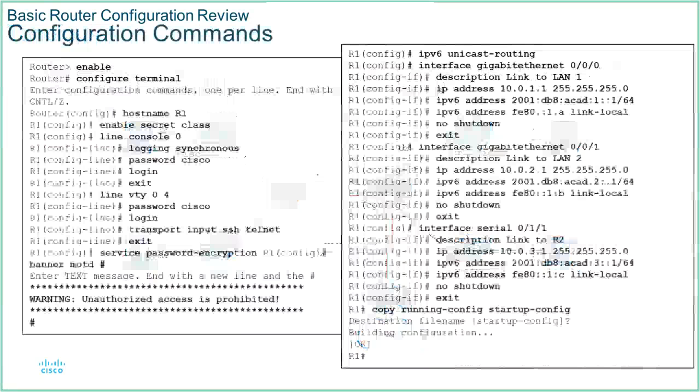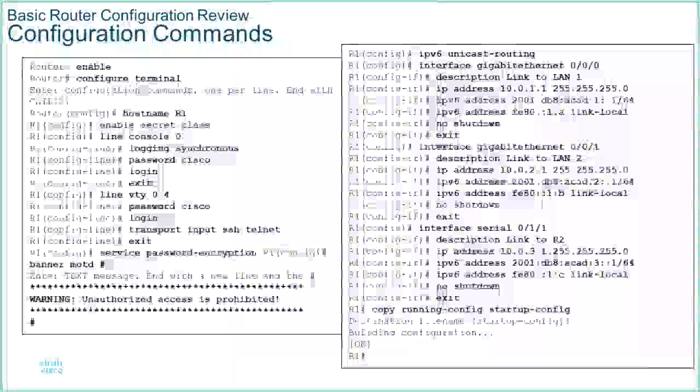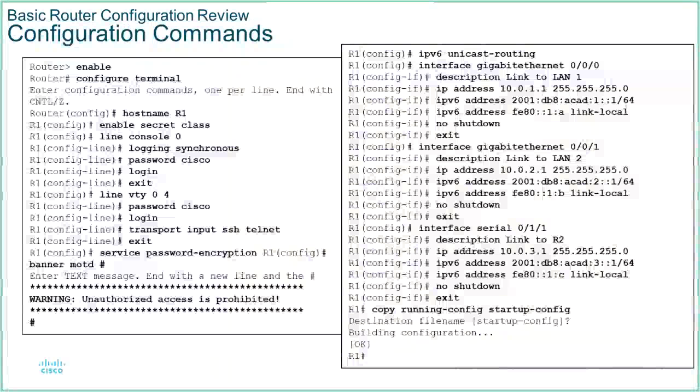So let's start off with the basics. Quick review. Enable to get from the user mode to privilege mode. Config T to get in the global config. Then we configure the host name, put in our secret password, which is prompted for when we change modes.